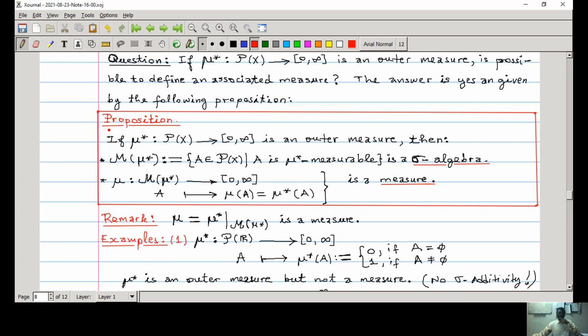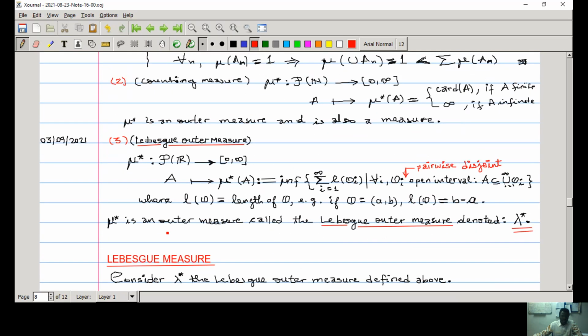Okay, so if you apply this proposition to the Lebesgue outer measure, so the restriction of the Lebesgue outer measure to M mu star, that is the set of mu star measurable sets, we obtain what we call the Lebesgue measure.